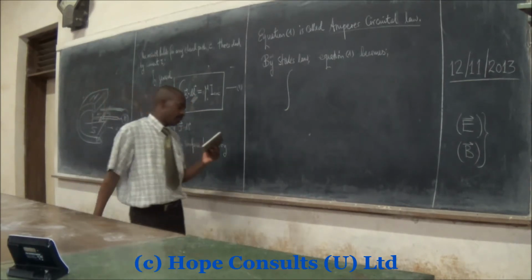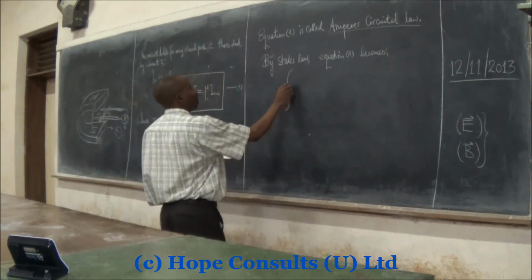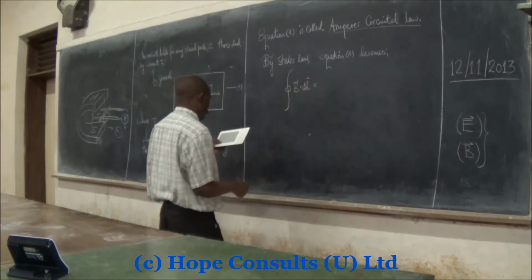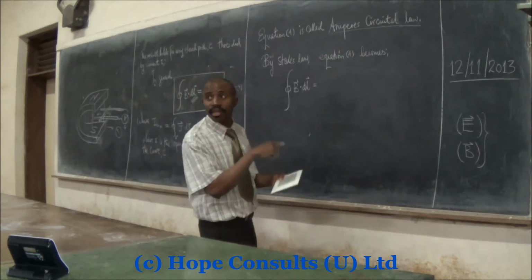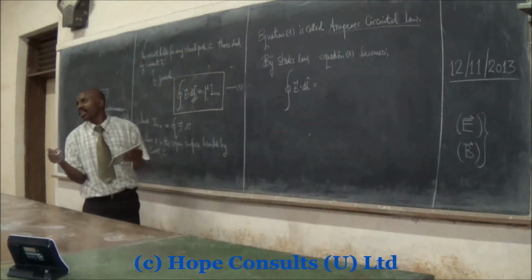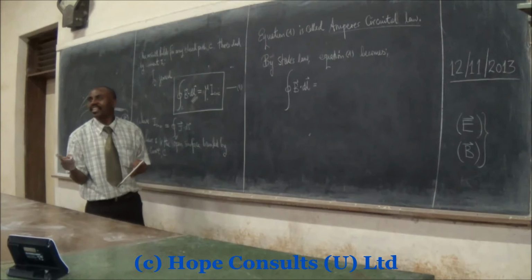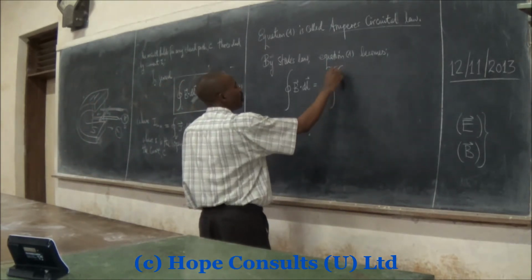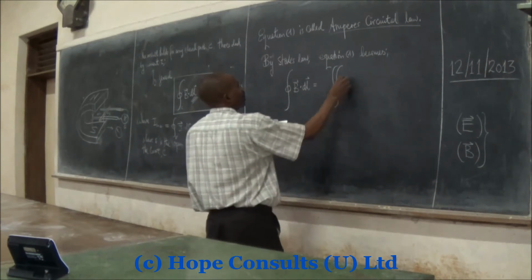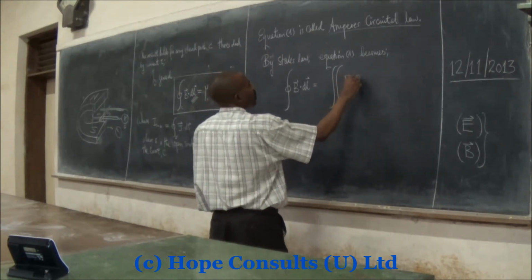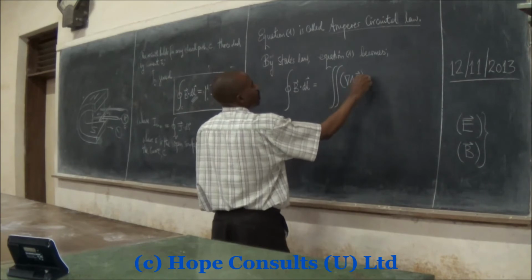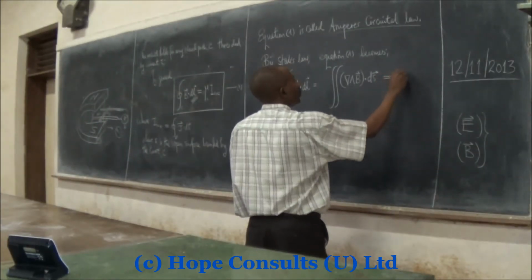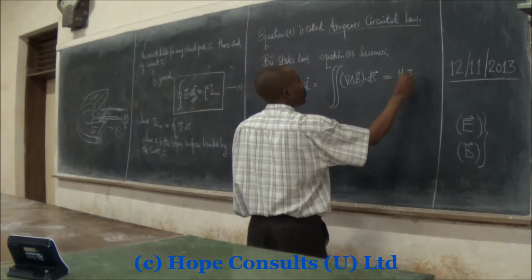That would mean that our integral of B dot dl would be the same as taking the curl of the vector and dotting it with the surface element, the double integral over the surface of the curl of B dot ds. So we got this as equal to mu naught I.